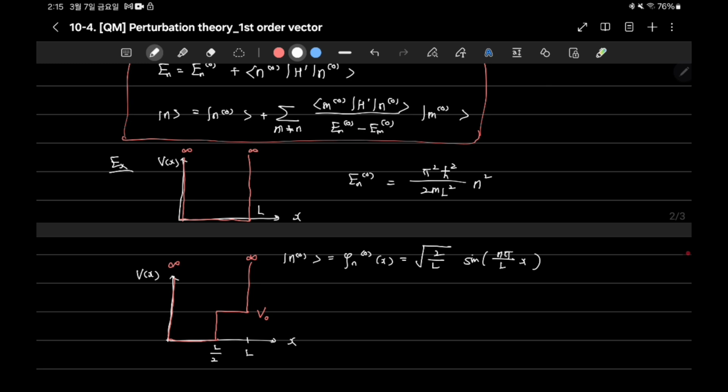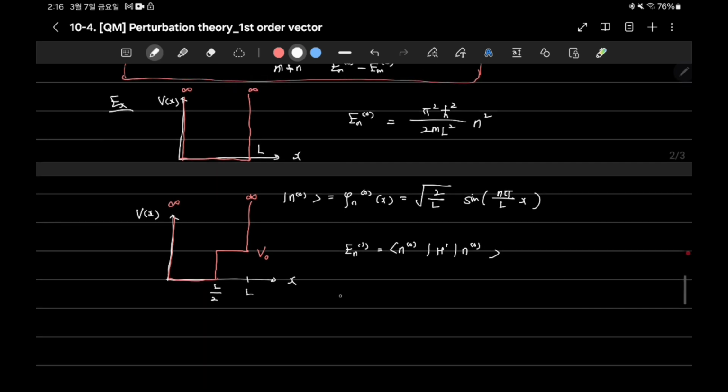This kind of perturbation in some cases. So in this, we do not know the exact Hamiltonian, but in general first order energy is that N0 H prime N0.